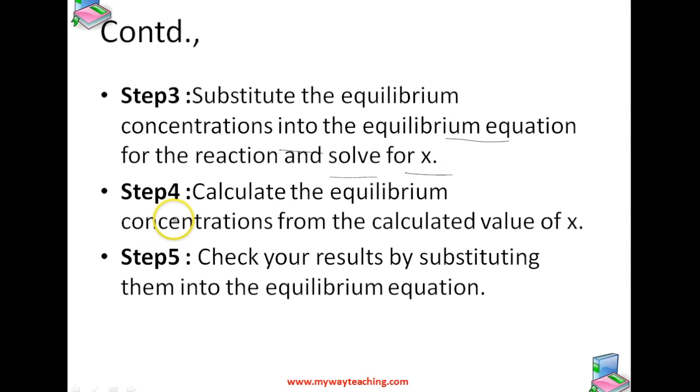If you have to solve a quadratic equation, choose the mathematical solution that makes chemical sense. The fourth step is to calculate the equilibrium concentrations from the calculated value of x. And the last, fifth step is to check your results by substituting them into the equilibrium equation. So this is calculating the equilibrium concentrations.